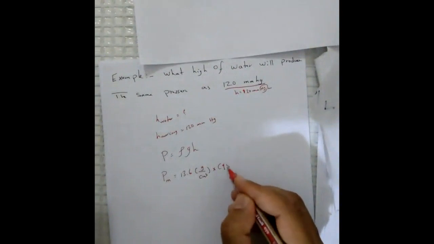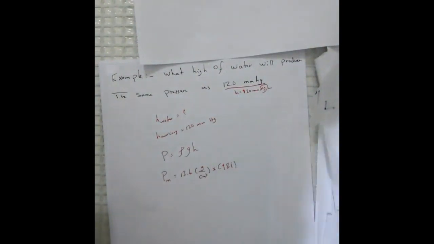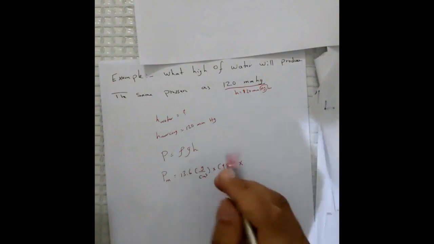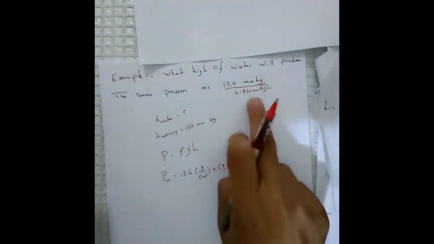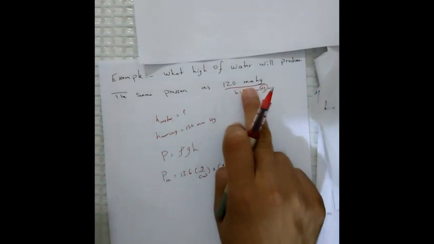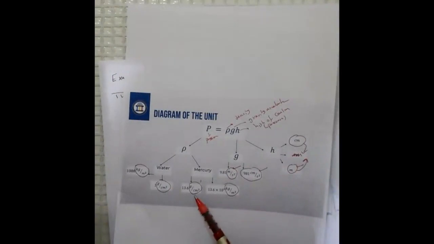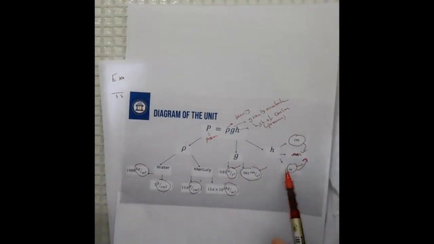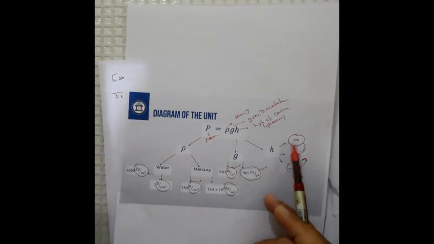So 981, then multiply by H. H for mercury is 120 millimeter. I cannot use millimeter because I have centimeter here and centimeter here, so this should be centimeter as well.